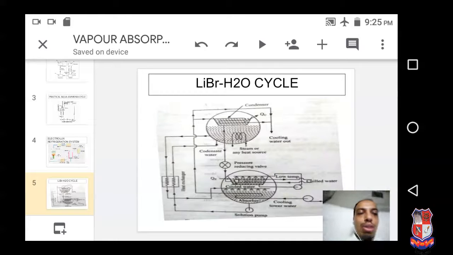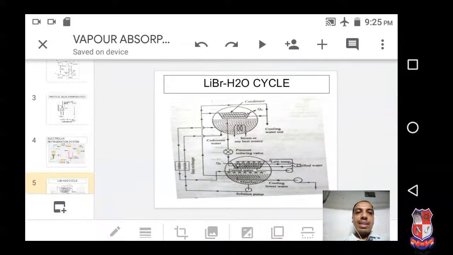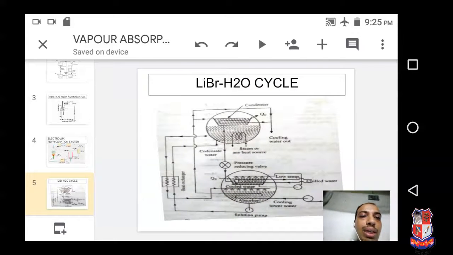So we cannot use it below 4.19 or 4 degrees Celsius. Now here we can see that the evaporator and absorber are in the lower vessel, whose pressure is below atmospheric, and the condenser and generator are in the upper vessel, whose pressure is above atmospheric.